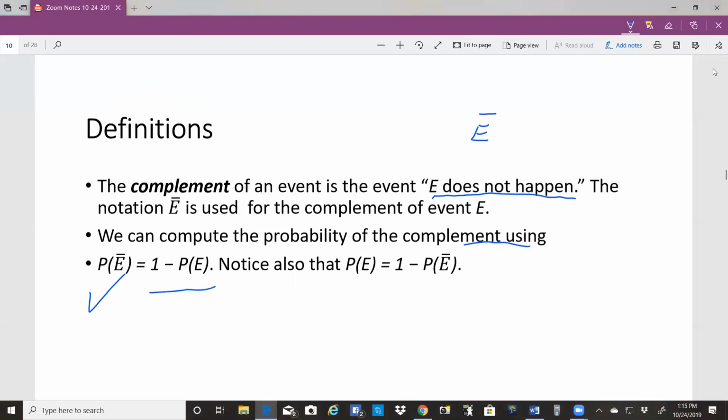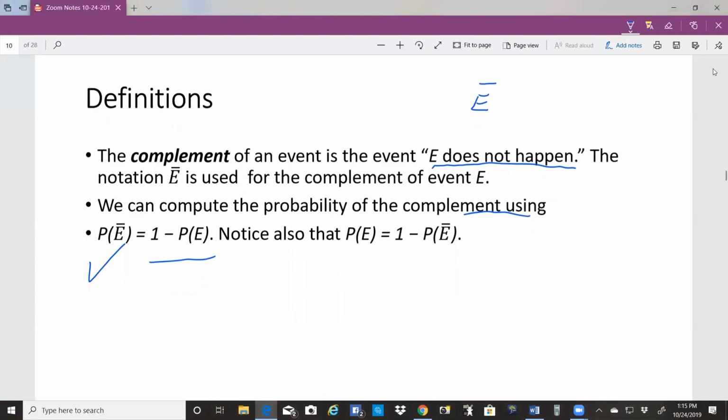I had a student ask me why this was so, and the way I answered that was, suppose the probability of rain tomorrow is equal to 20%, which is really 0.2.